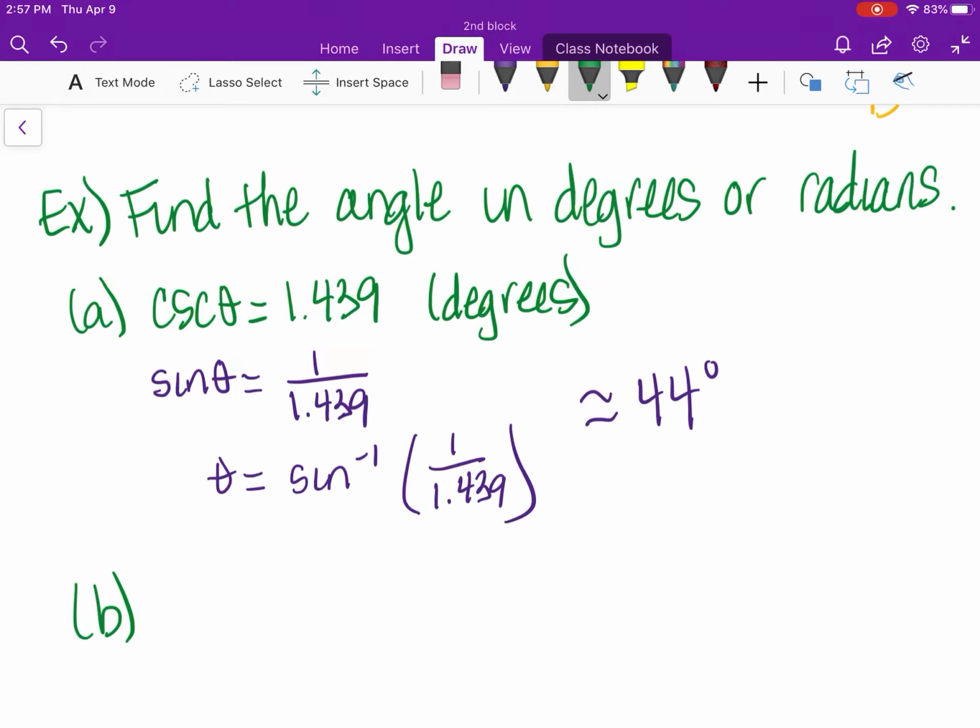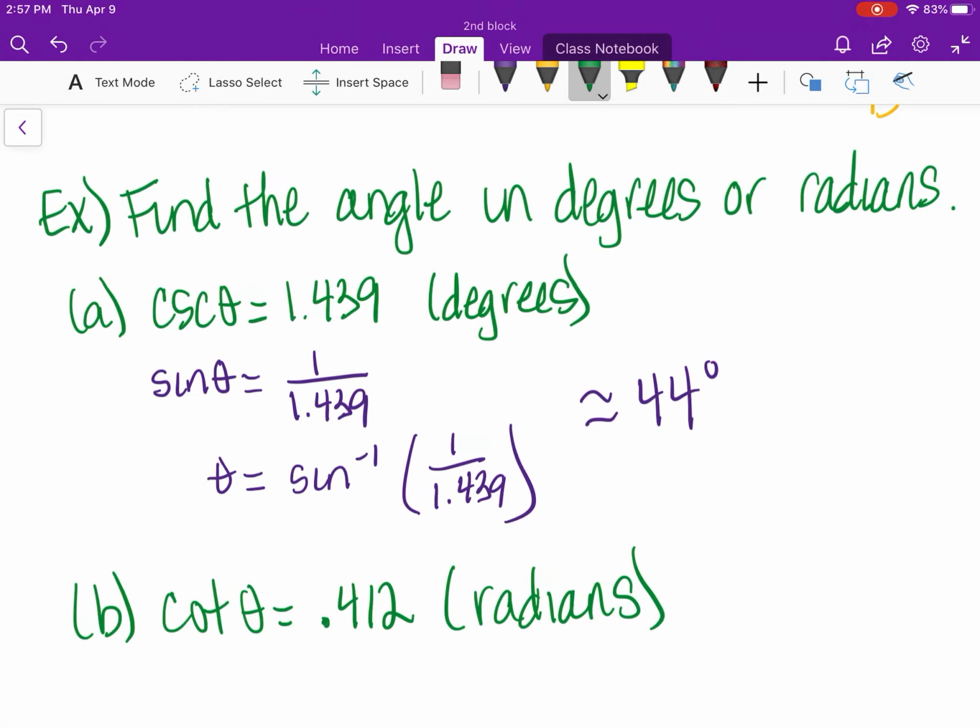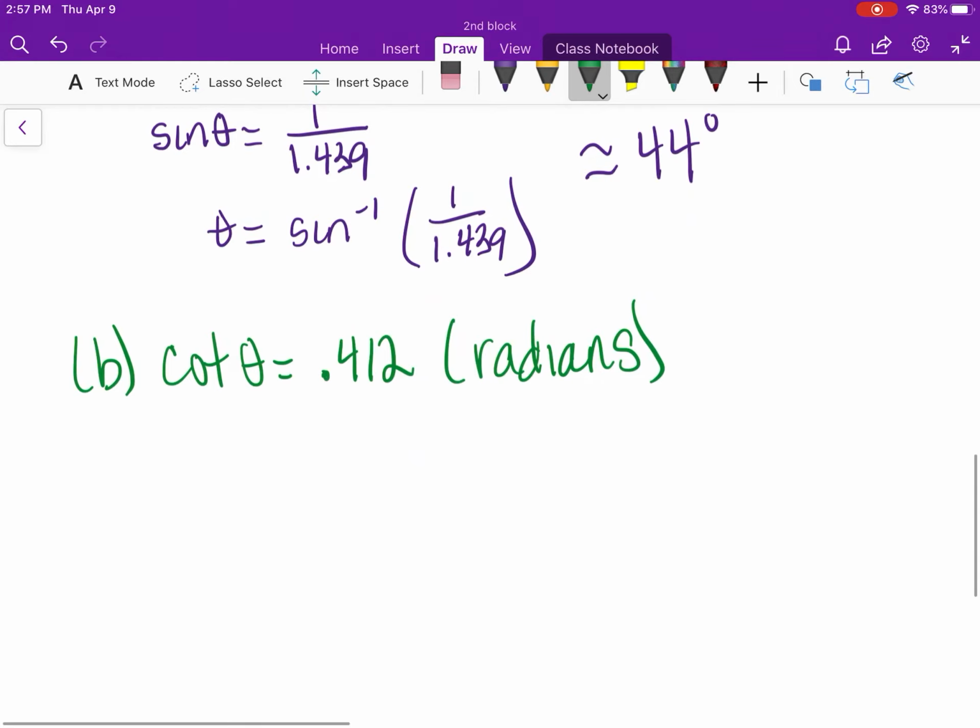Okay, then on this next one, we're going to say cotangent theta is equal to 0.412, and this time we want our answer in radians. Okay, so ask yourself, what function is cotangent the reciprocal of? So I need to rewrite my equation in terms of that other function.